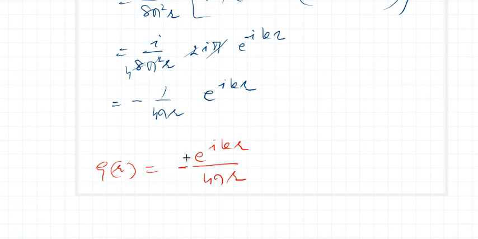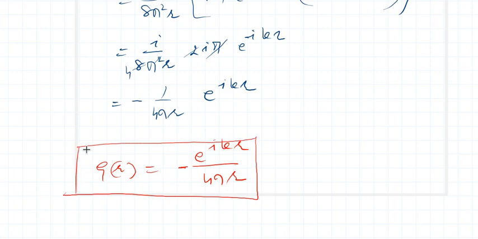This is the value of the Green function which we can use directly. Depending on the problem, you can use it directly, or you can derive this Green function.